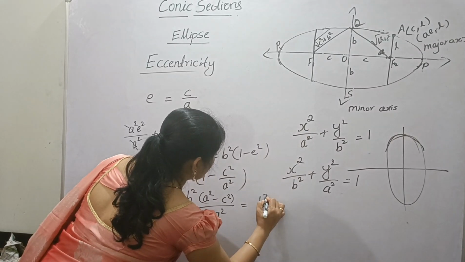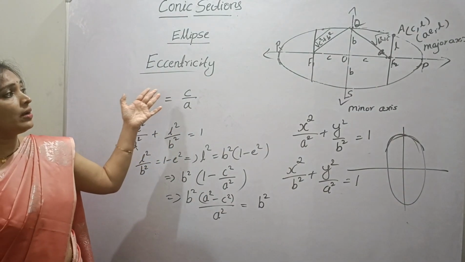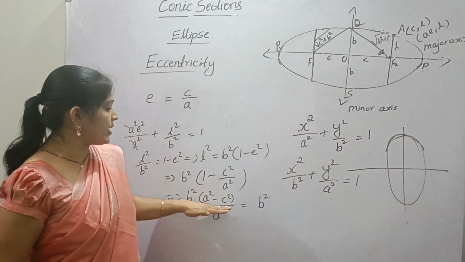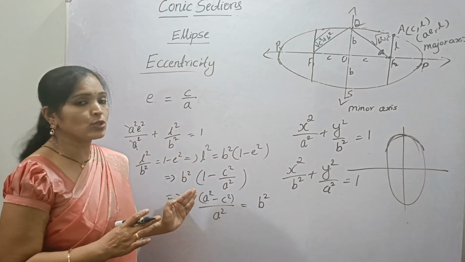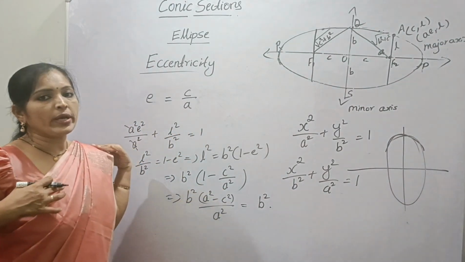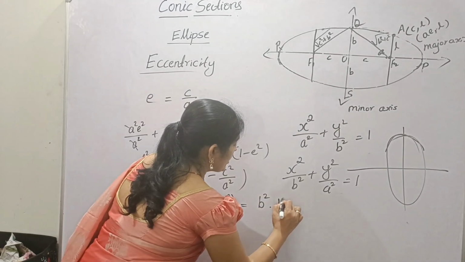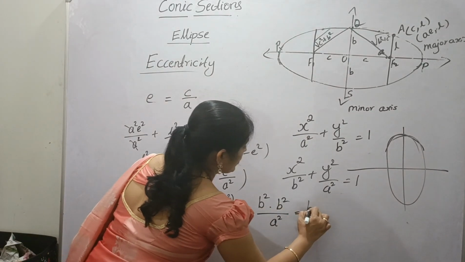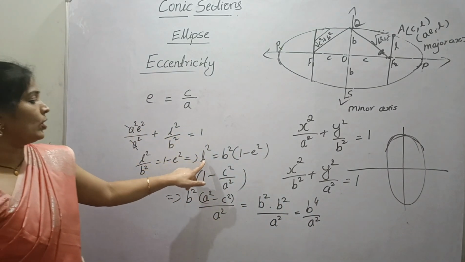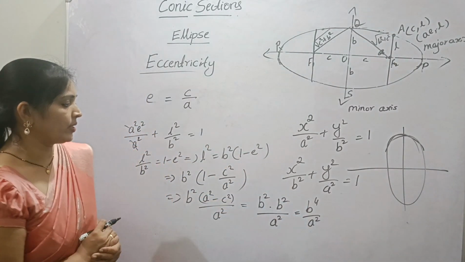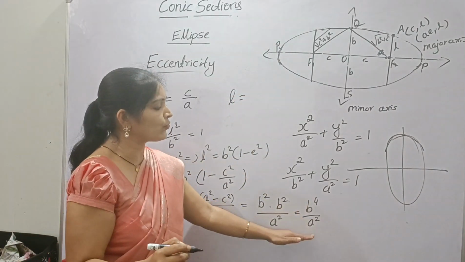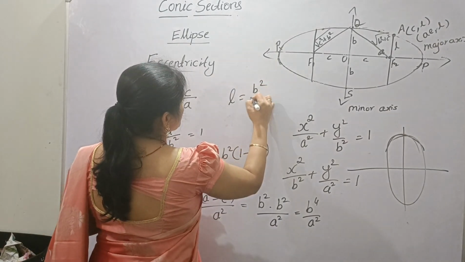From the ellipse derivation we got the expression A square minus C square is equal to B square. So substitute A square minus C square as B square. So B square into B square divided by A square is equal to B raised to 4 by A square. So L square is equal to B raised to 4 by A square, and L is equal to B square by A.